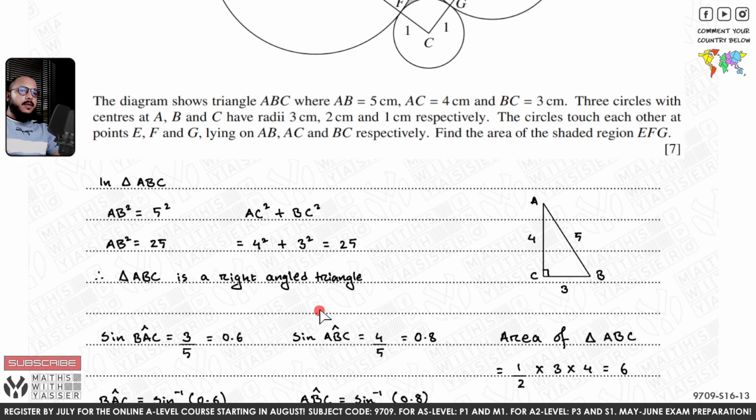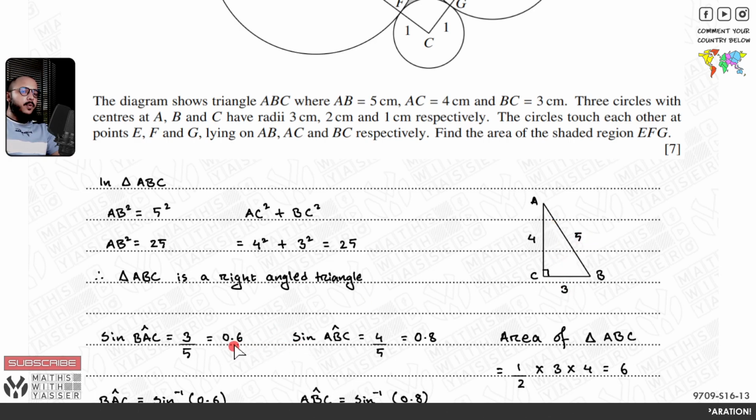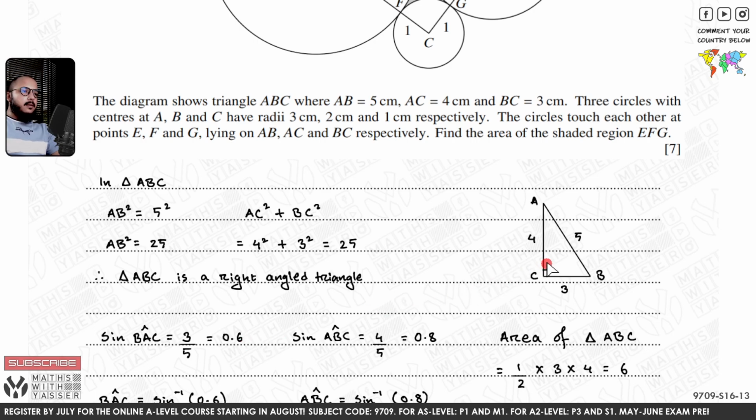Now what we can do is find the angles. So sine BAC, if I consider this angle, will be opposite over hypotenuse. So 3 over 5 gives you 0.6, and sine ABC, if you consider this angle, you get opposite over hypotenuse, which is 4 over 5, which is 0.8.